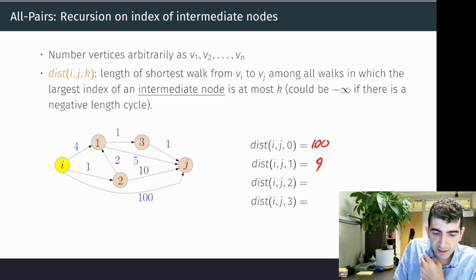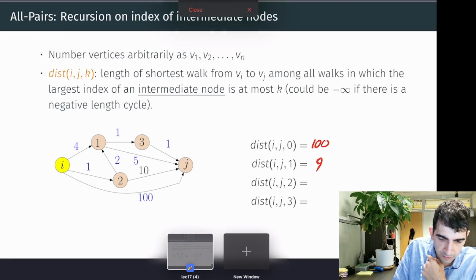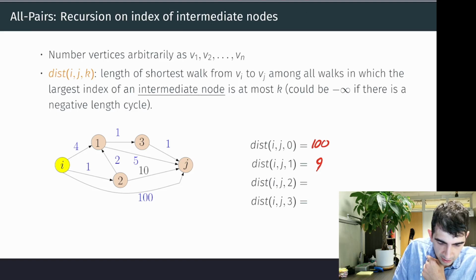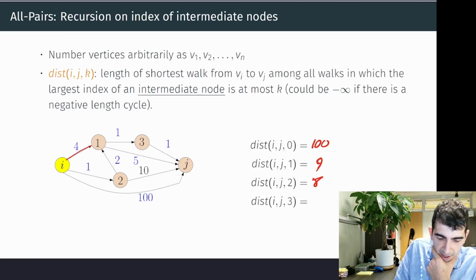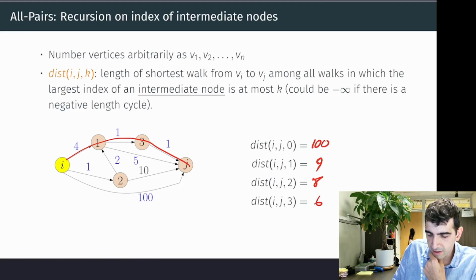Next, what's the distance if you're only using vertices 1 and 2? You have a path that goes from i to 2, 1 to j, and that is of length 8. And similarly, if you include all the vertices, then you could finally get a path of length 6.